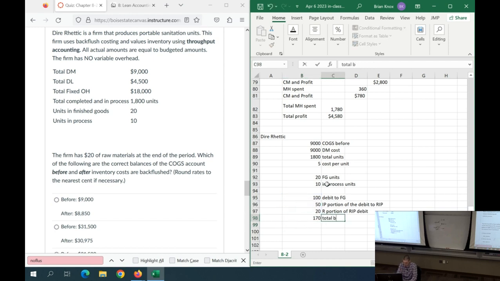This is total backflush debits, which means the credit to COGS is also that same amount. So that'll be COGS after backflush. And sure enough, if we had forgotten to include the $20 portion of RIP, we would have $150, and we'd come up with this number right here and click the wrong one.